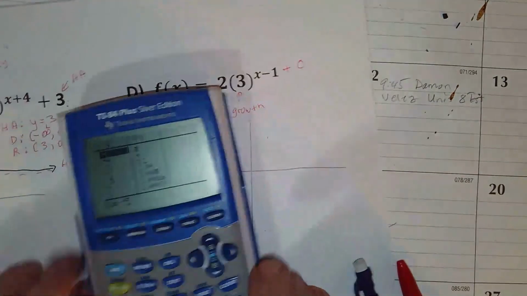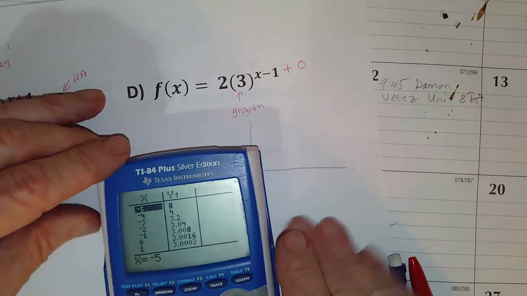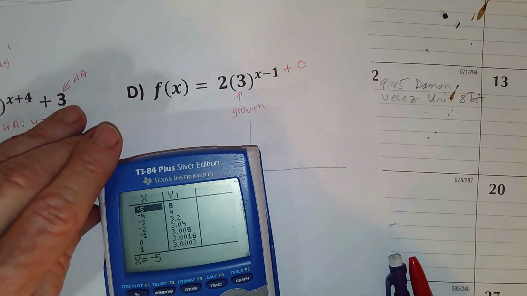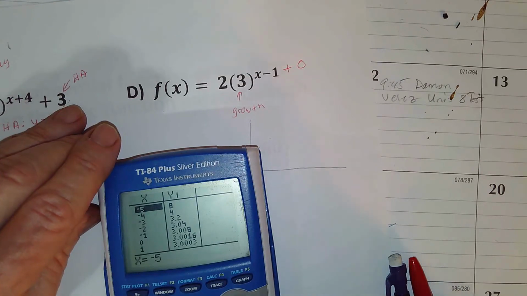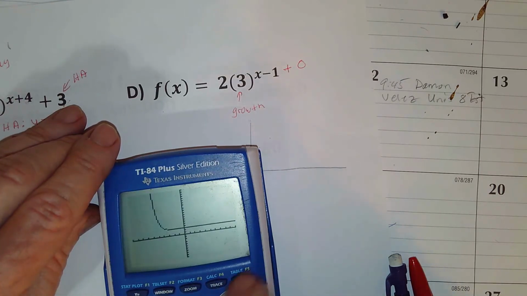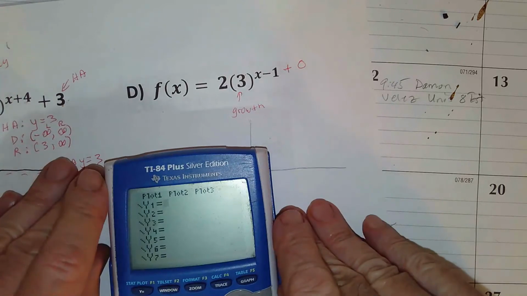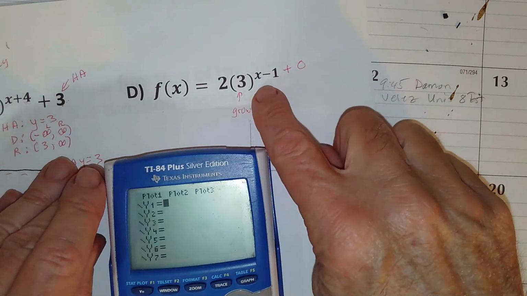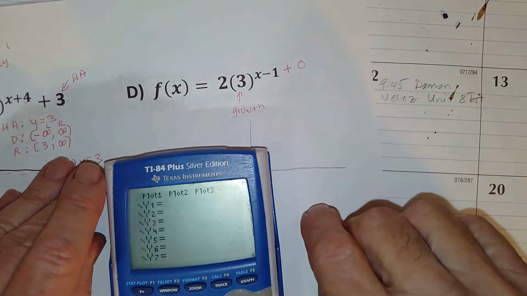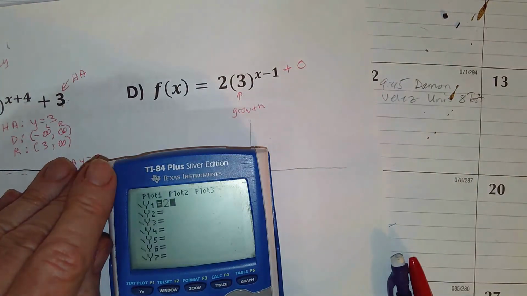Let's do it first on the calculator. So let's clear this. Clear this. Whoops. Clear. All right, now everything else is clear. So I'm going to do 2 times 3 caret x minus 1, right? So 2 parentheses 3 in parentheses caret and then x minus 1.